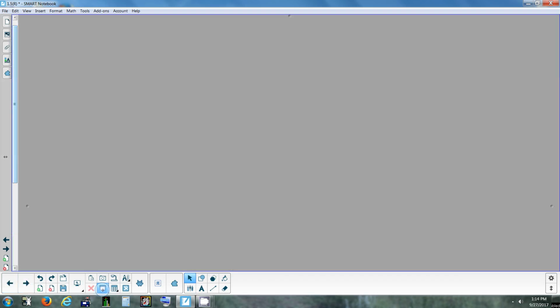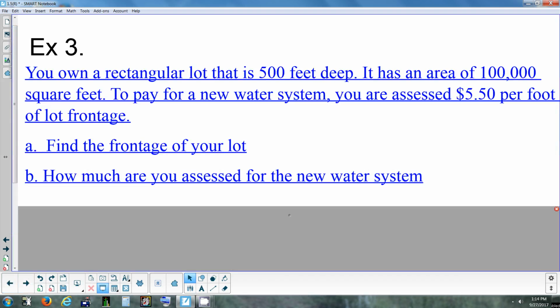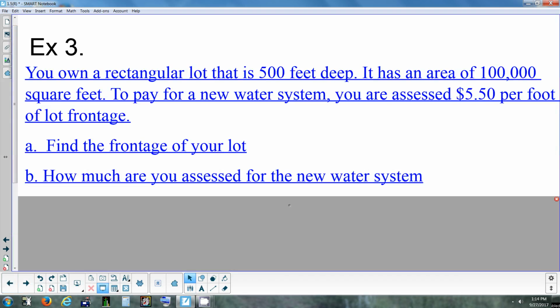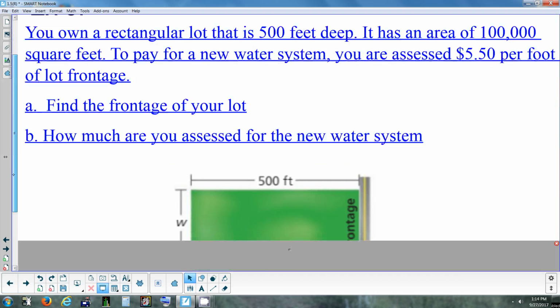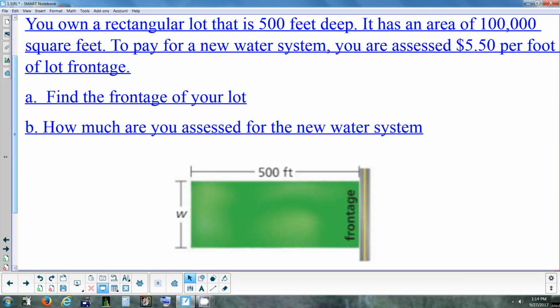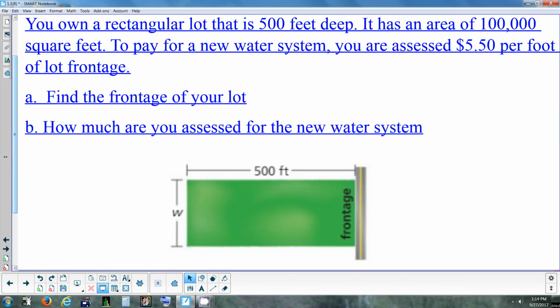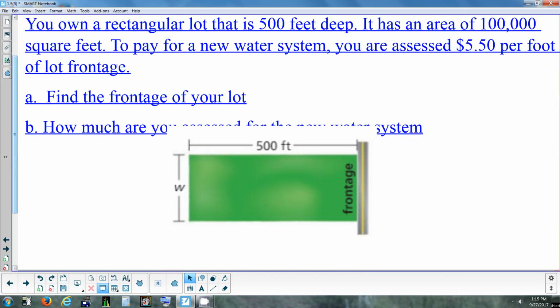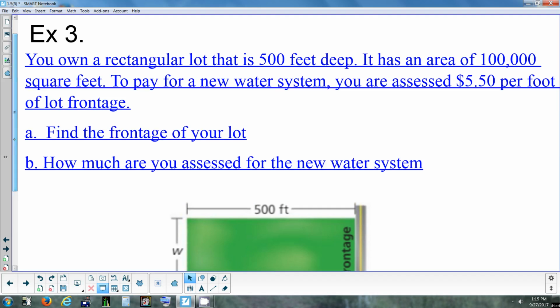All right, let's look at this one. I think you guys have the diagram, so you're good. So you own a rectangular piece of property. Maybe your house is there, and the frontage, that's the area of your property that runs along the road. For this particular problem, your land has an area of 100,000 square feet.